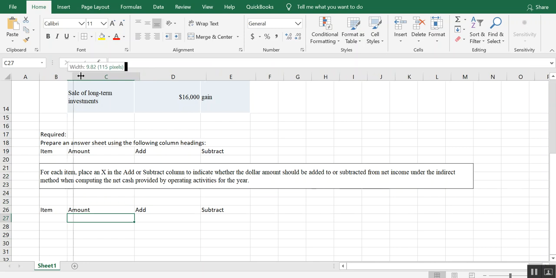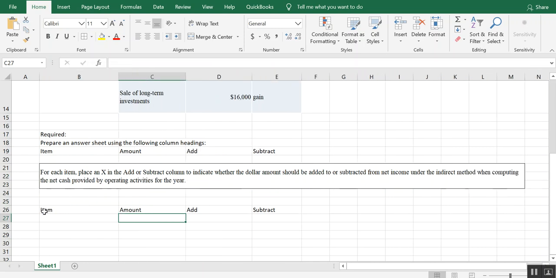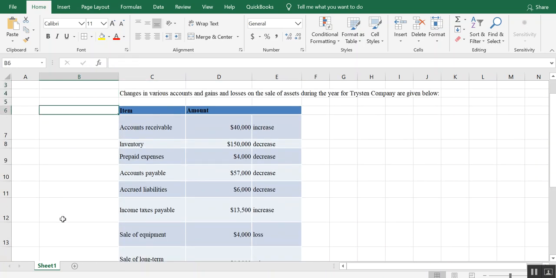I need to make this column bigger because we're not going to have enough room. We're going to include these items and identify where they go in the statement of cash flows.